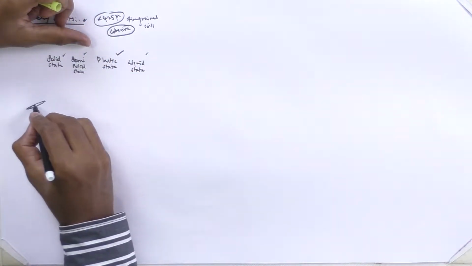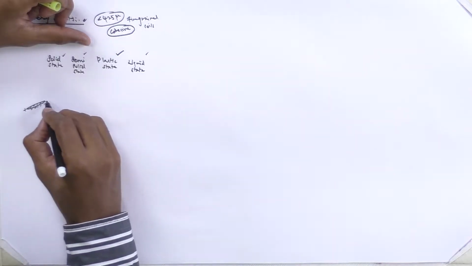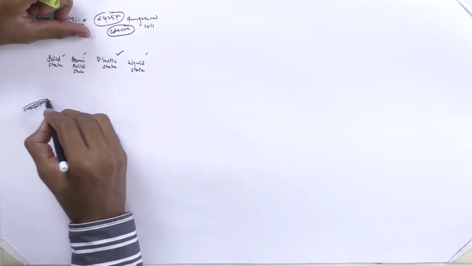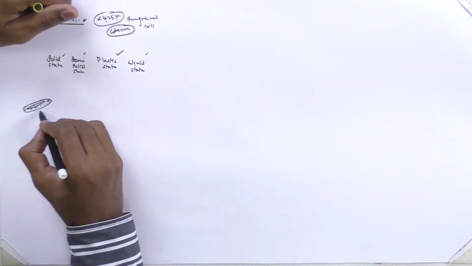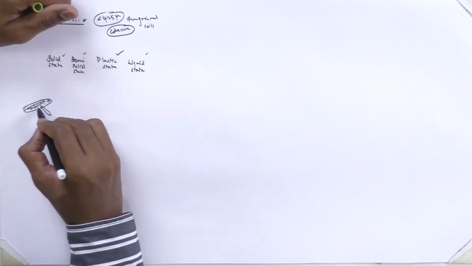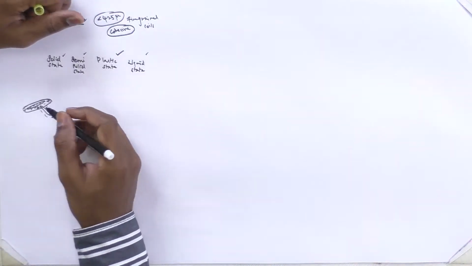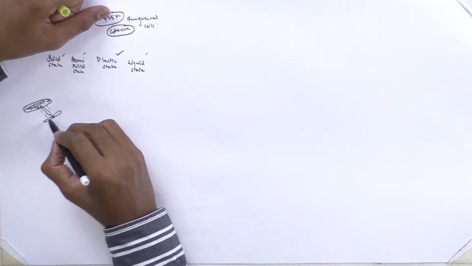So it is minus, minus, minus, plus and plus. Once you add water, it gains like this. Initially this minus gets attracted by this plus and this plus, so it will be like this.